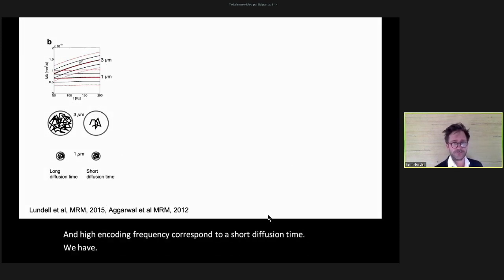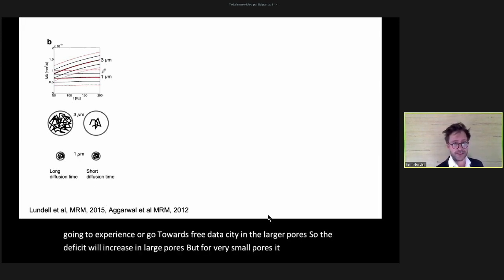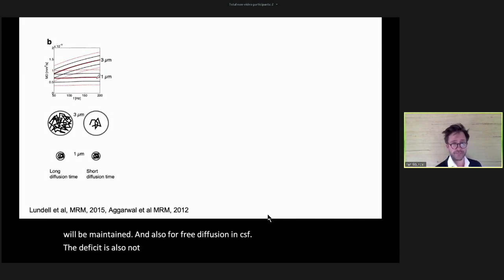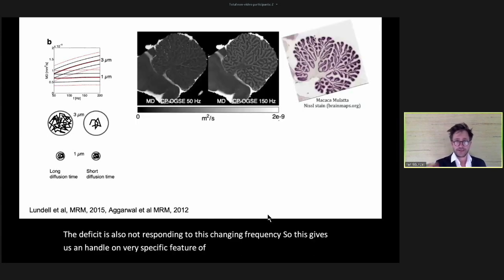So the diffusivity will increase in large pores, but for very small pores, it will be maintained. And also for free diffusion, like in CSF, the diffusivity is also not responding to this change in frequency. So this gives us a handle on a very specific feature of the diffusion signal.